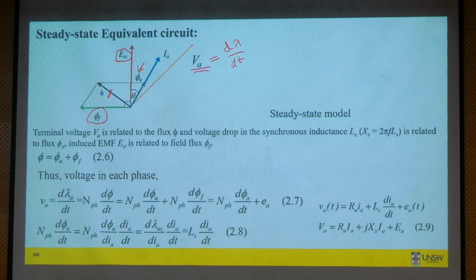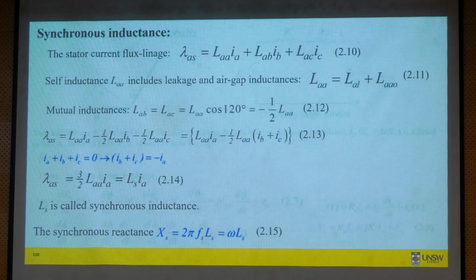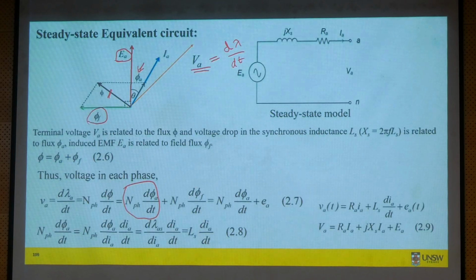The flux linkage that is related to your stator current gives the voltage drop related to your inductance. L di dt is actually related to the flux induced by the stator current.